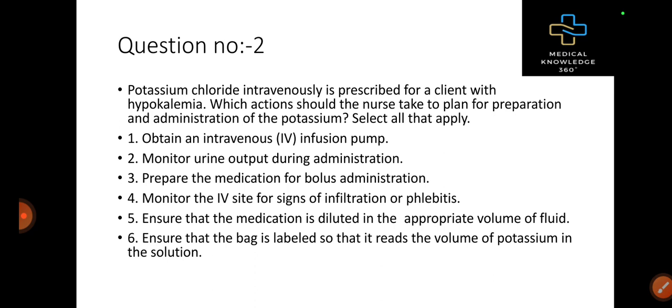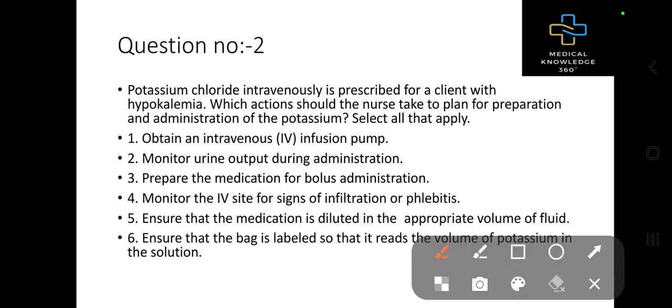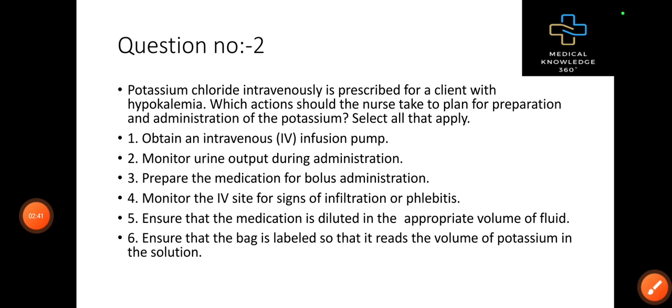Your options are: obtain an intravenous infusion pump, monitor the urine output during administration, prepare the medication for bolus administration, monitor the IV site for signs of infiltration or phlebitis, ensure that the medication is diluted in the appropriate volume of fluid, and ensure that the bag is labeled so that it reads the volume of potassium in the solution. So what do you think? What is the right answer for this question?